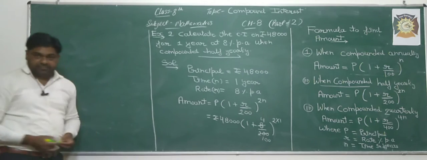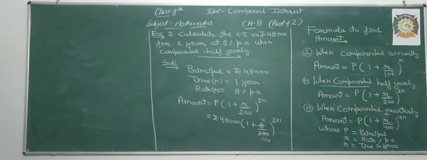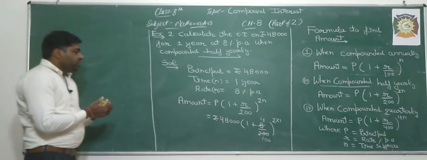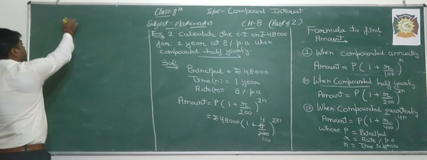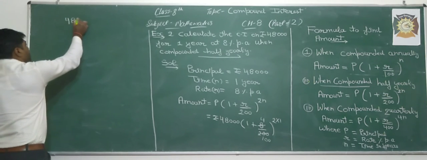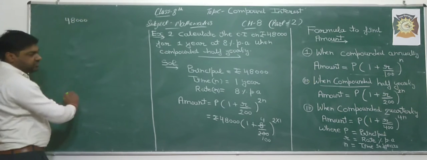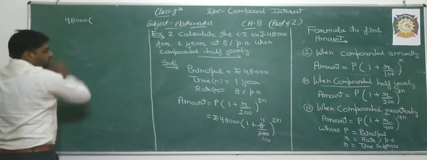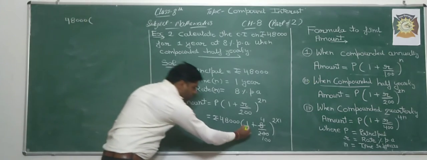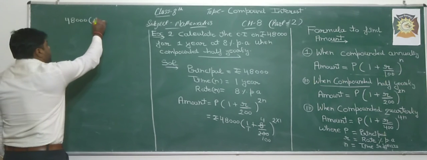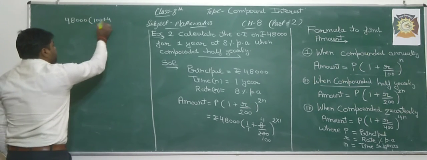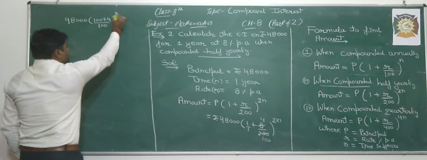So then this is 48,000 into, we can write here even 1 upon 1, this is 100 plus 4 upon 100 raised to the power 2.